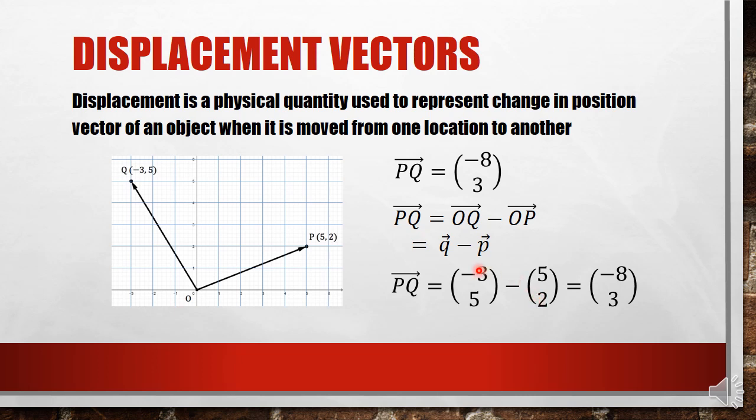We subtract arithmetically: negative 3 minus 5 is negative 8, and 5 minus 2 equals 3. So x minus x, y minus y. Therefore, we get vector PQ by using displacement vectors.